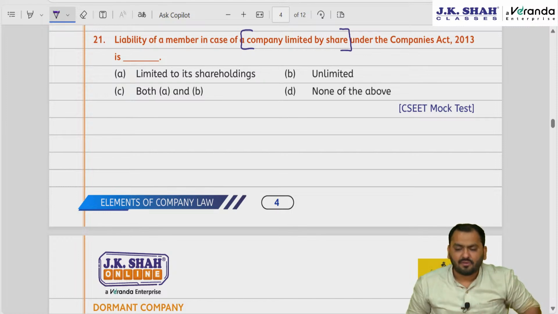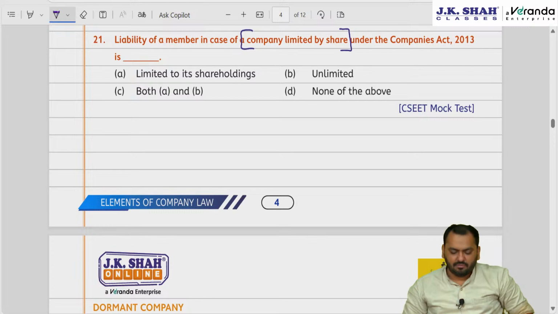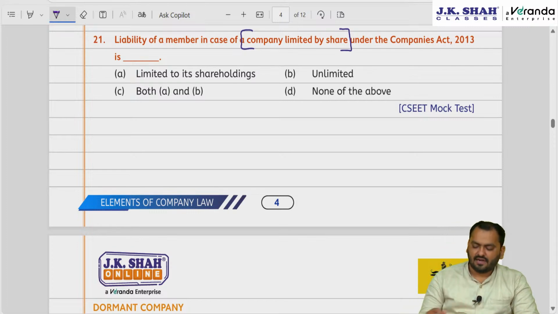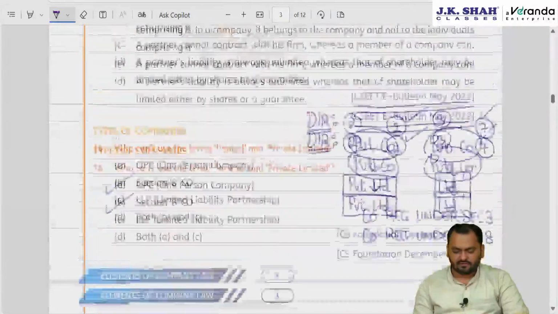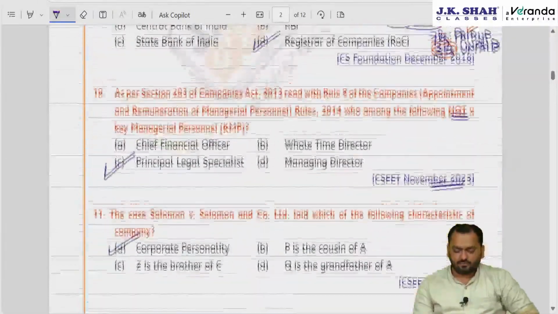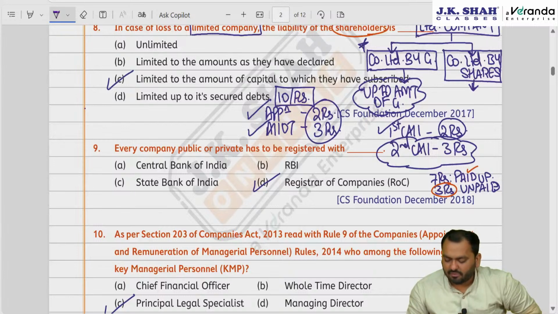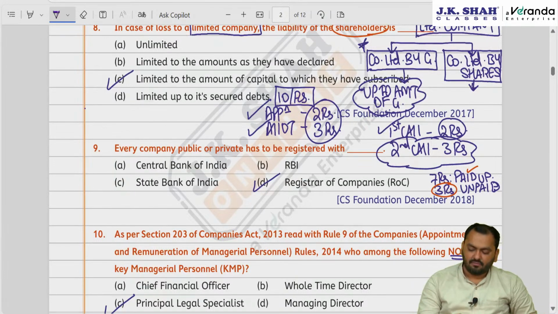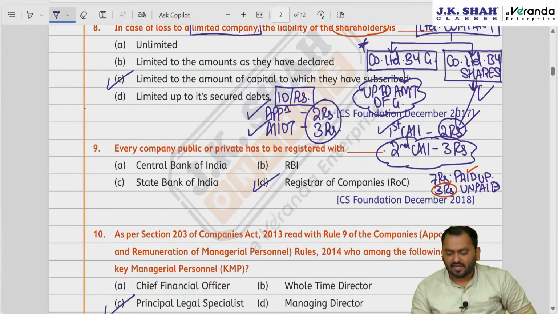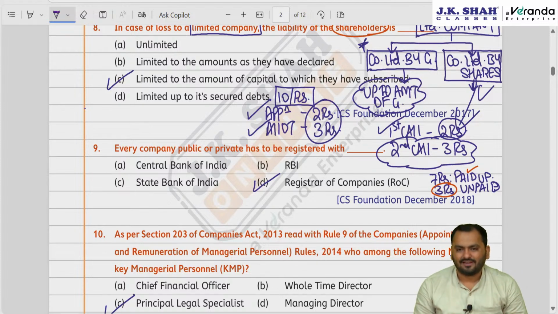How much liability? Limited liability. If you remember, we discussed this here: 10 rupees per share, application money, allotment money. So in this case, liability is limited by shares, right? The liability of the member is only up to the extent of the unpaid amount on shares.